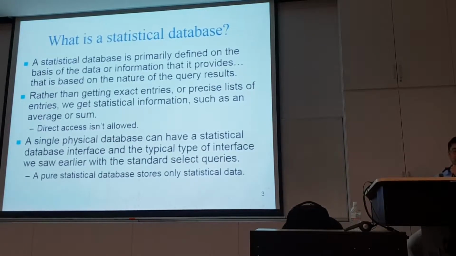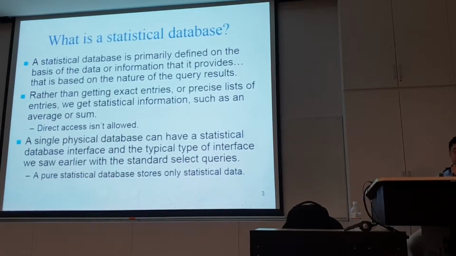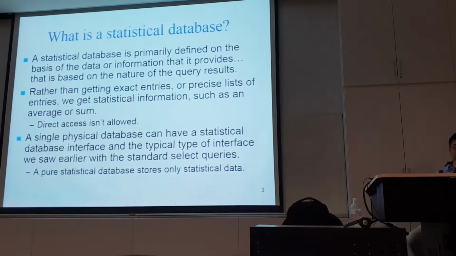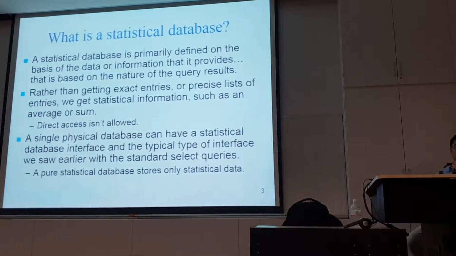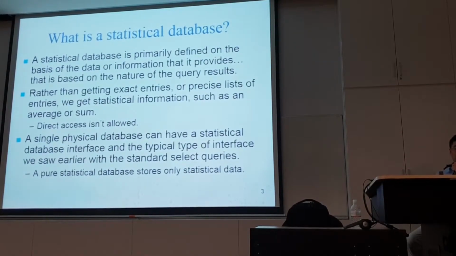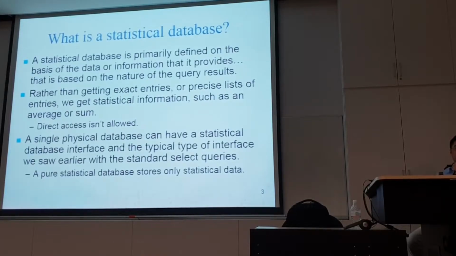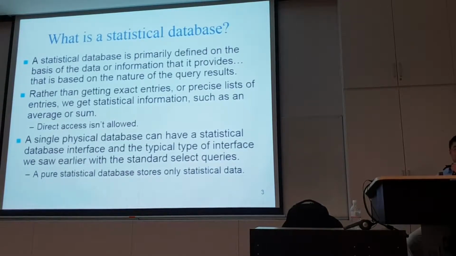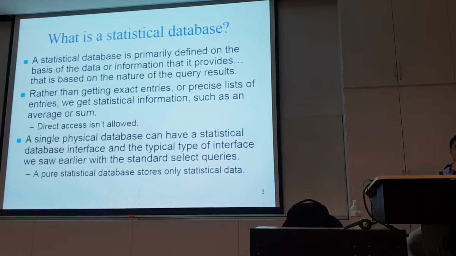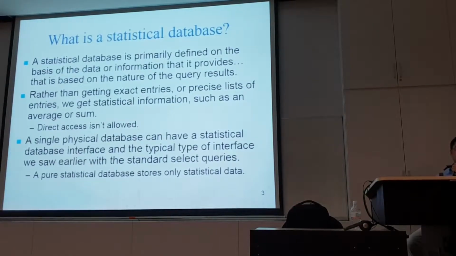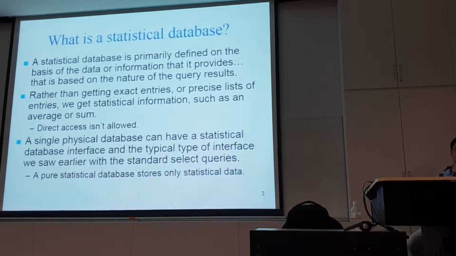So people can query the average salary, but they cannot see the individual salary. On the other hand, the payroll officer or HR manager may be able to see the individual salary. So in this case, we have access control.